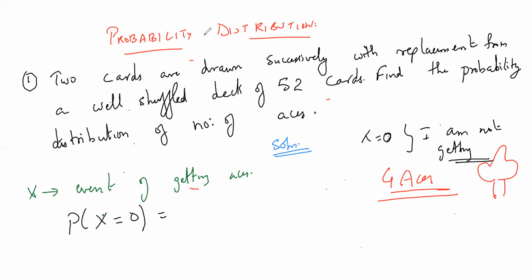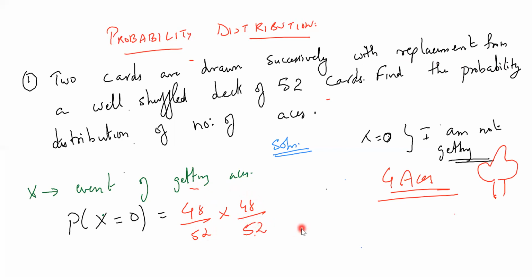So X is equal to 0 is nothing but 48 out of 52 into 48 out of 52, because out of these 48 cards, I can choose any of the cards, and here it is with replacement, which means if I'm taking one card, I'm replacing it with the same card. That's the reason I'm getting here 48 by 52 into 48 by 52.